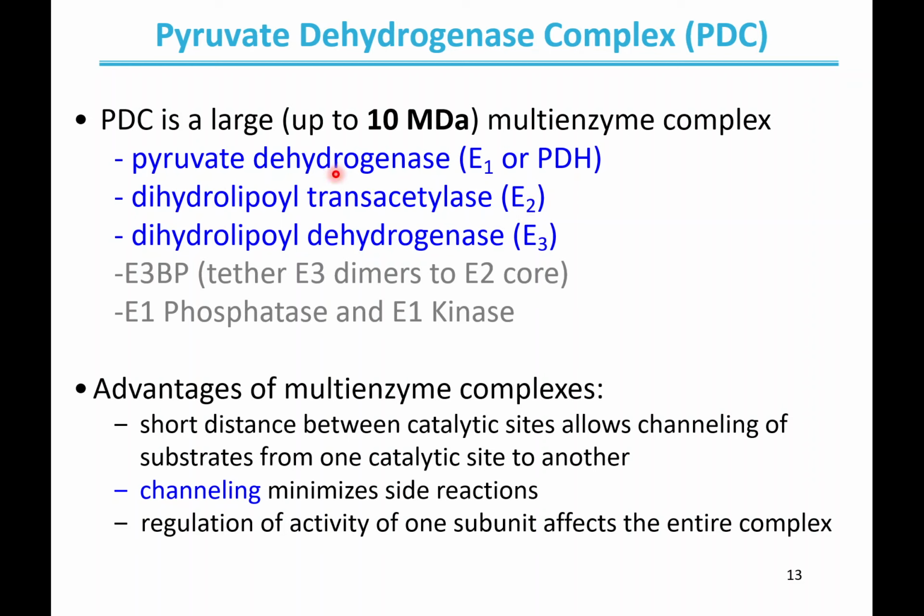E1 is called pyruvate dehydrogenase, so that's a little bit confusing. Pyruvate dehydrogenase complex, or PDC, is what we call the whole complex. E1 of this complex is also referred to as pyruvate dehydrogenase, or PDH. So if you're talking about the complex or just the enzyme, you need to specify that.